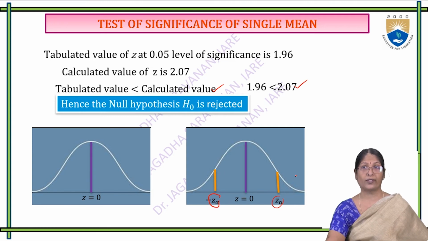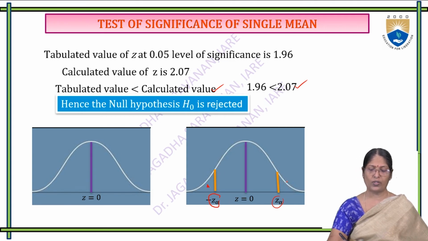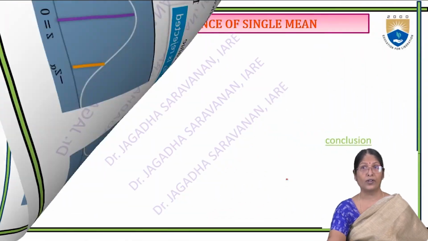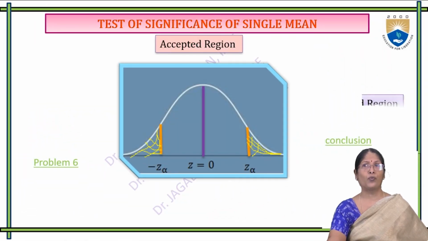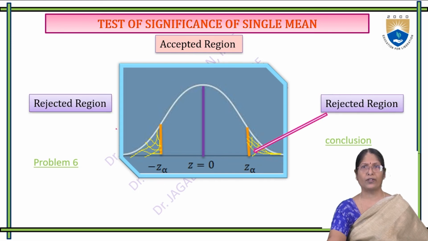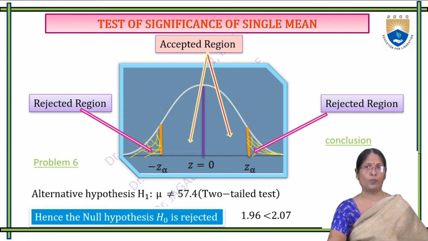That region is accepted, and the other two sides are the rejected regions. This is how the graphical representation fits this particular problem.